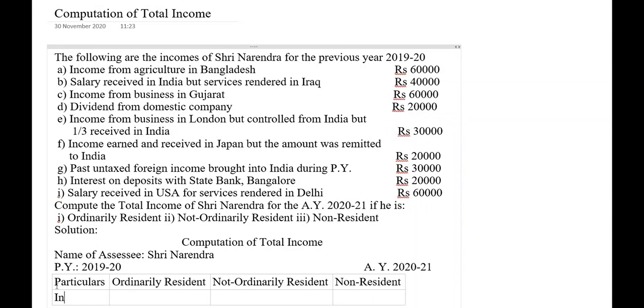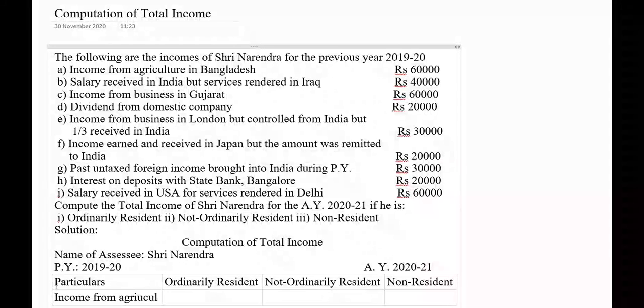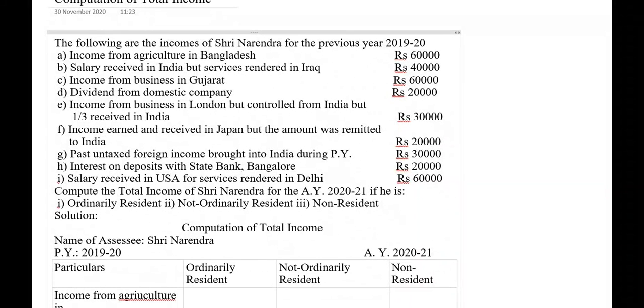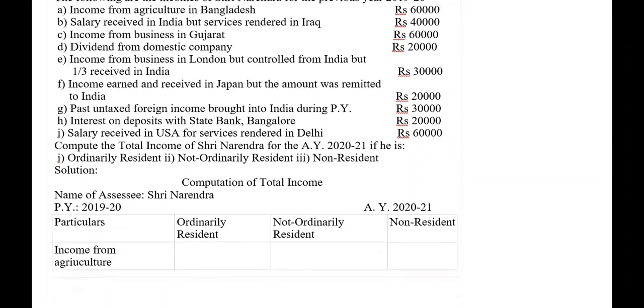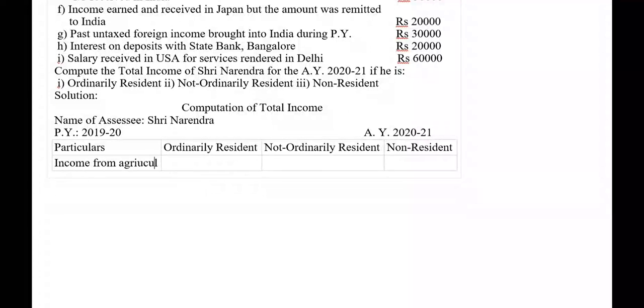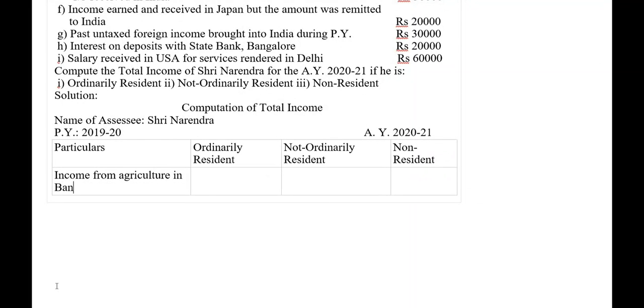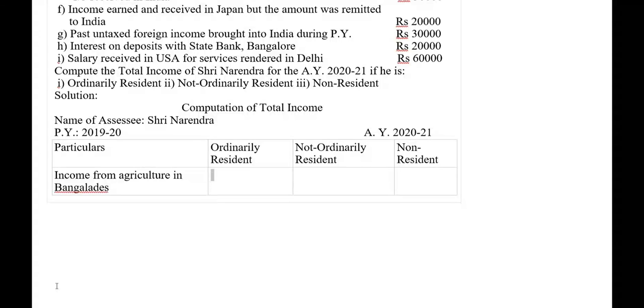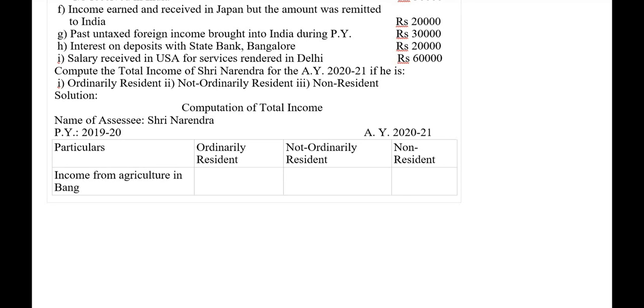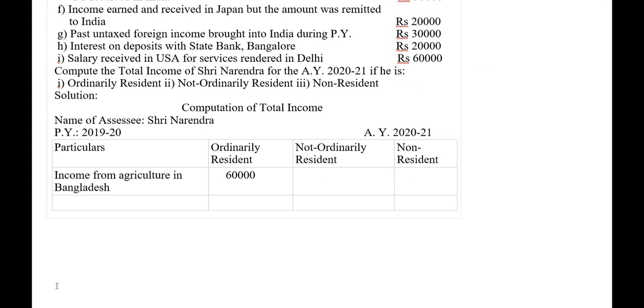So the first one, income from agriculture in Bangladesh, which is given as rupees 60,000. This is a foreign income, so taxable only in the first case.